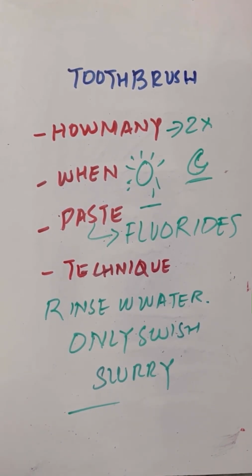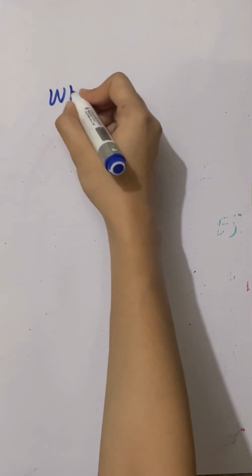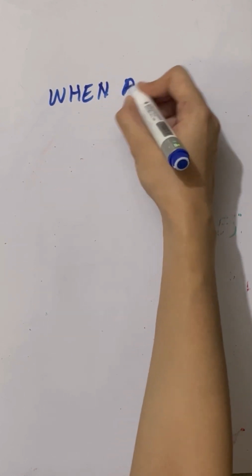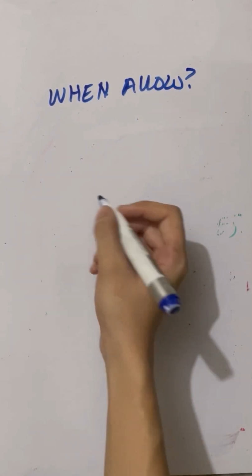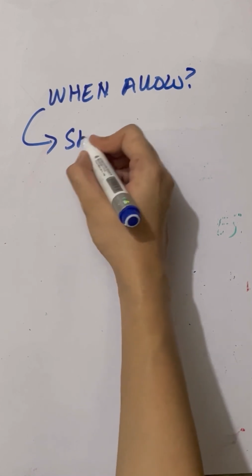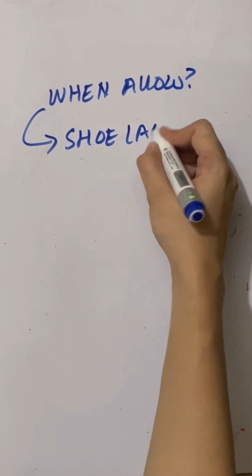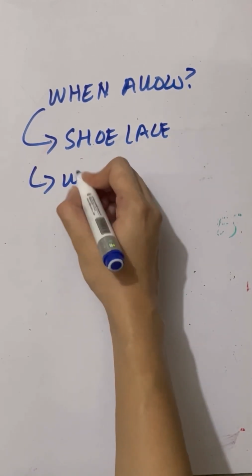And the fifth thing is that children are not able to brush by themselves. So when should we allow children to brush their teeth by themselves? When they can tie their shoelaces or write their name.